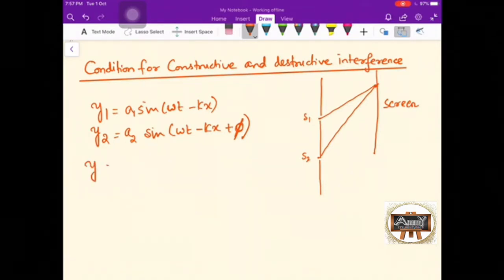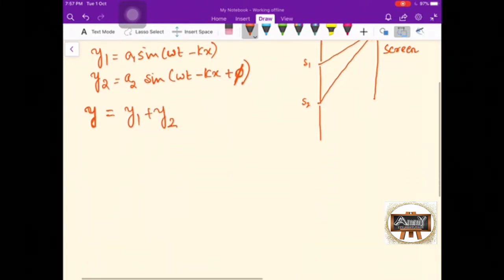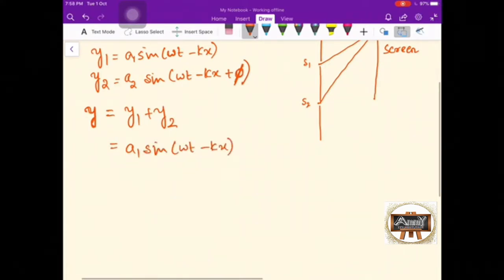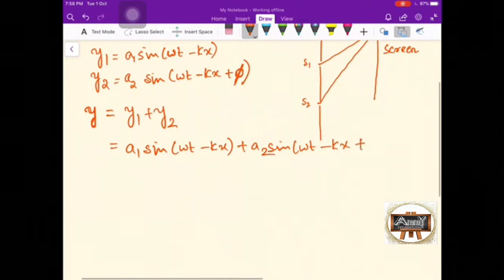If these two waves interfere, the equation of the resultant wave will be given by y equals y1 plus y2. So let us proceed to add these two equations. A1 sin(omega t minus kx) plus A2 sin(omega t minus kx plus phi).